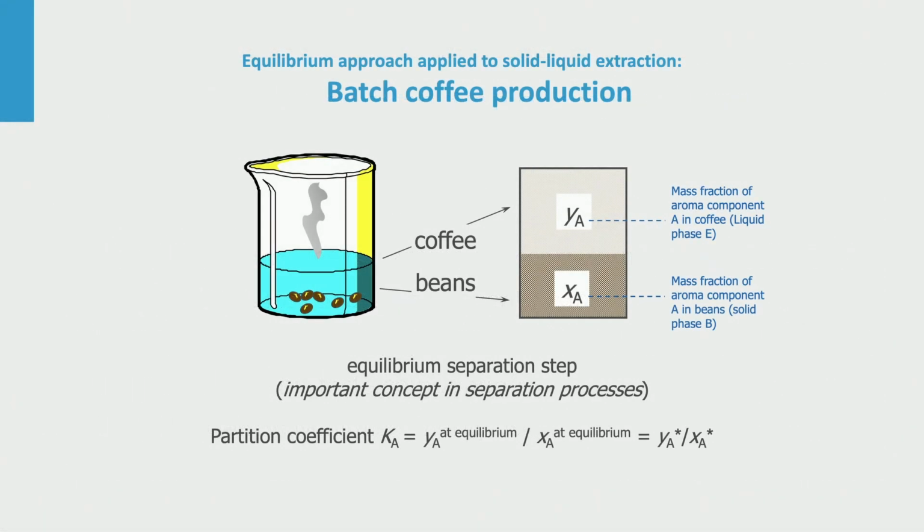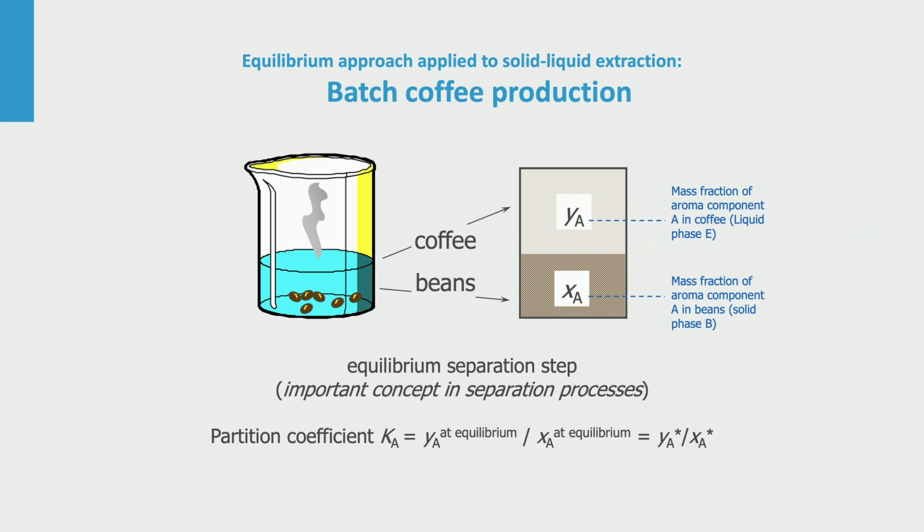So let's have a look at the process of aroma extraction from coffee beans into hot water, the auxiliary phase. As aroma, compound A, is extracted from the coffee beans, the concentration of aroma in the beans decreases. Meanwhile, the concentration of aroma in water increases.